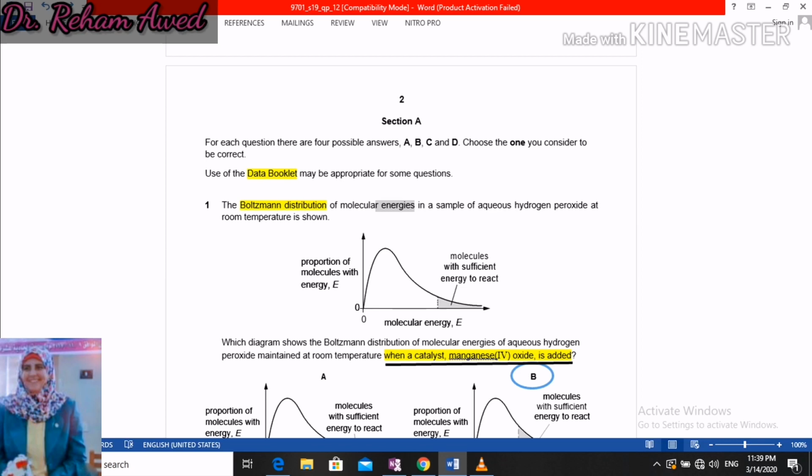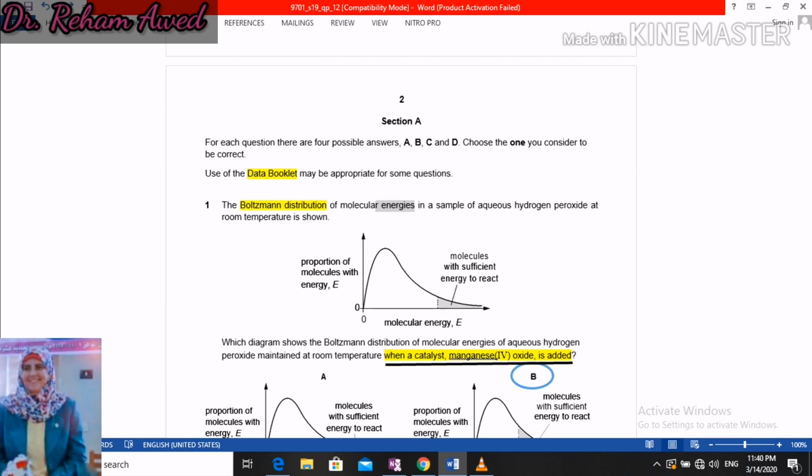When we start to use the catalyst, at first, the Boltzmann distribution is one of the curves used to indicate the relation between kinetic energy and the number of moles. In any chemical reaction, we have a number of moles which have enough energy to start the reaction.